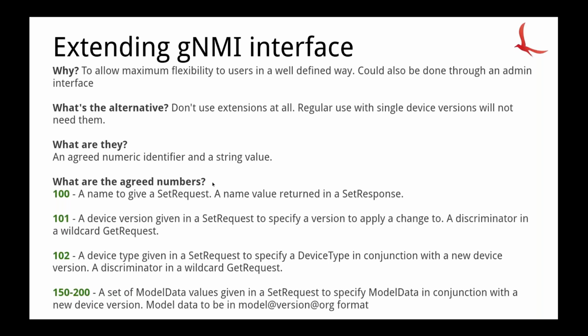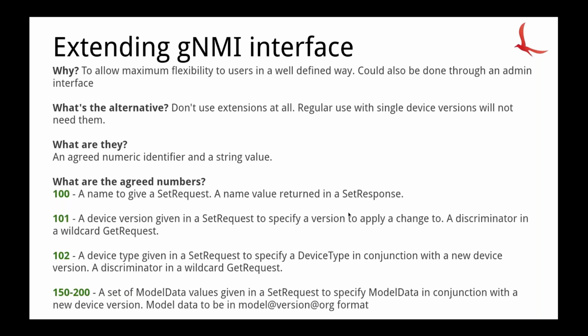Basically, I'm proposing that we use 101 as a device version. Say we have a configuration in our store for device number 1, and a second configuration for device number 1 as version 2.0, then this 101 allows me to discriminate which of those configurations I'm doing the set to.